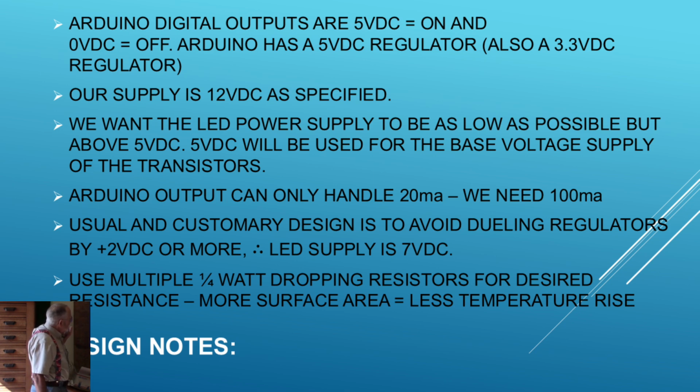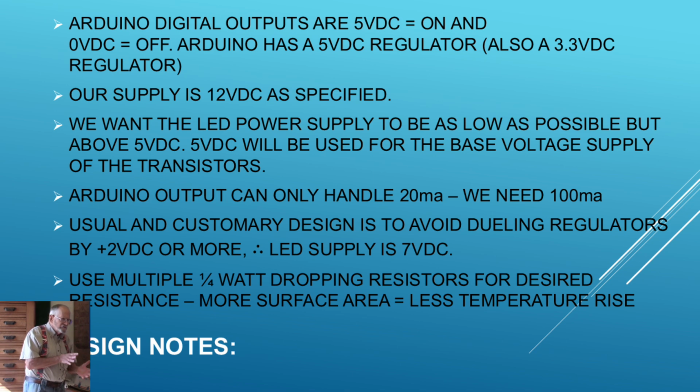So we want the LED power supply to be as low as possible, but above 5 volts. What we don't want to have happen is voltage regulators fighting each other. We can't have two 5-volt regulators. They'll oscillate, they'll fight.